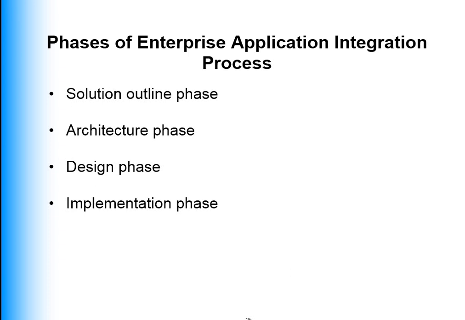Then the design phase is where it's prototyping. The product is already designed and they have the plan of what the product will be, and then they implement it in the implementation phase. After the implementation phase, the product is the output.